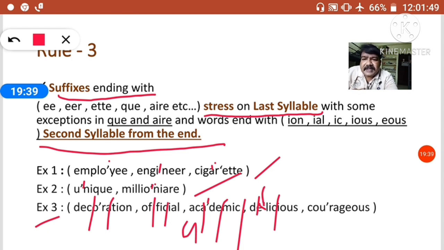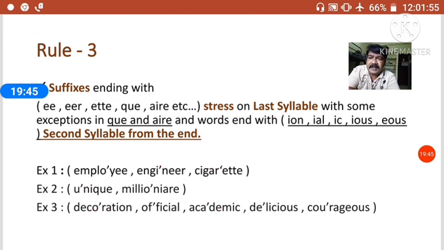Now let us take the next word, courageous. See the word courageous.